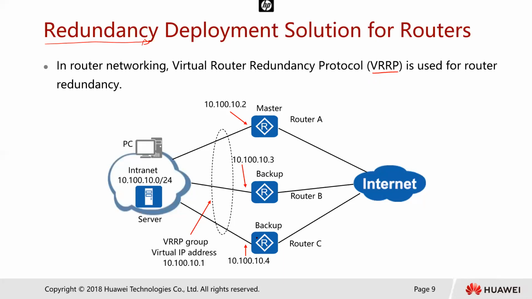So here we have our VRRP group, where we have a master router, and we also have our backup routers within our VRRP group. A VRRP group is usually a group of routers in the same network broadcast domain, and they form what we are calling a virtual router.